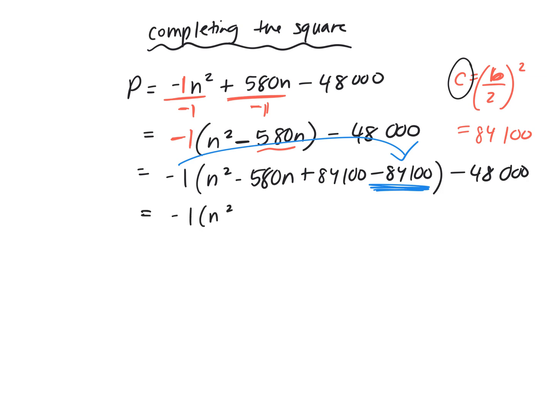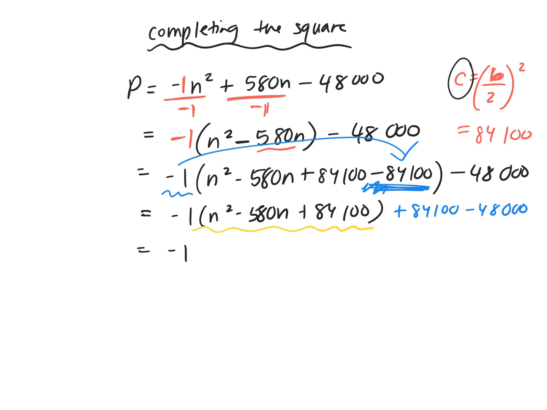So it becomes plus 84,100, and then negative times a negative is a positive. And then we have to take 48,000 away from that. Now we have a perfect square trinomial.